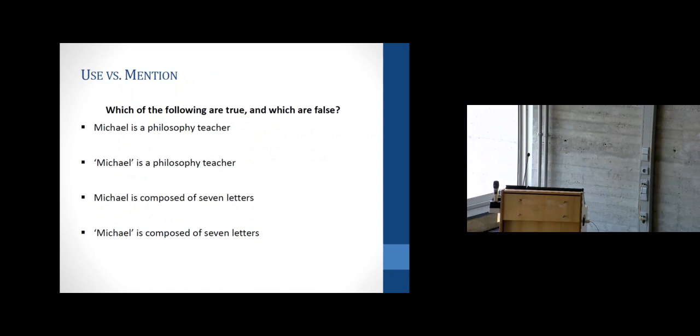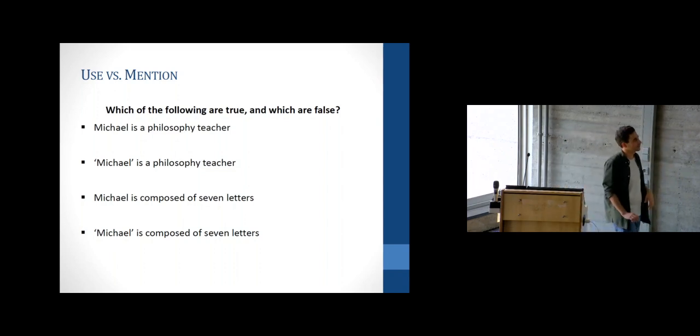and we move to this distinction between use and mention, which is important to get things clear. To understand this distinction, we can see sentences like this. Michael is a philosophy teacher, and "Michael" in quotation marks is a philosophy teacher. Compare that to Michael is composed of 7 letters, and "Michael" in quotation marks is composed of seven letters.